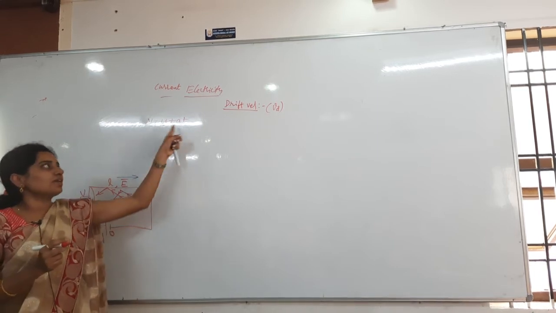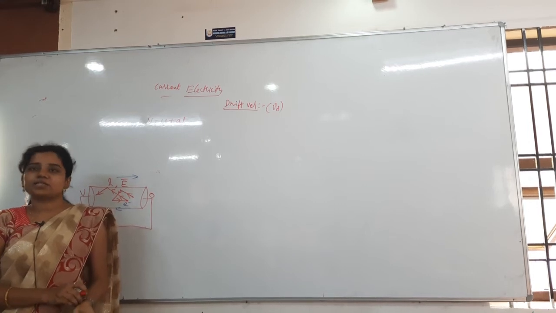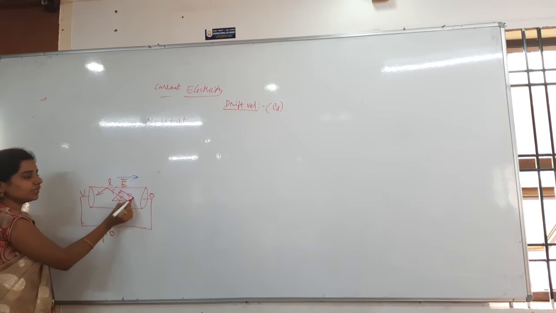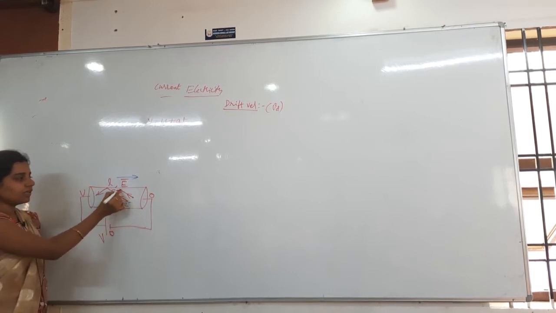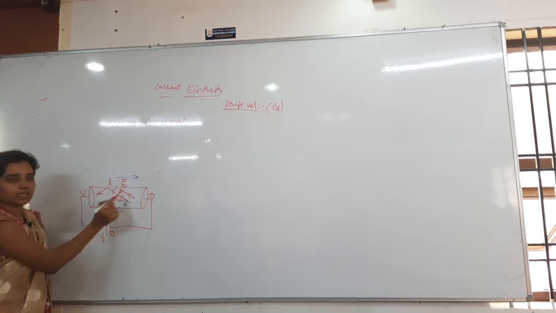This time is known as the relaxation time. What is that relaxation time? For example, if I take this electron, here it has already collided with some electron, then comes here and collides with another one. This is one collision, this is another collision.